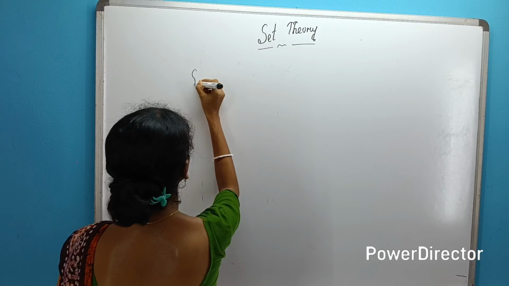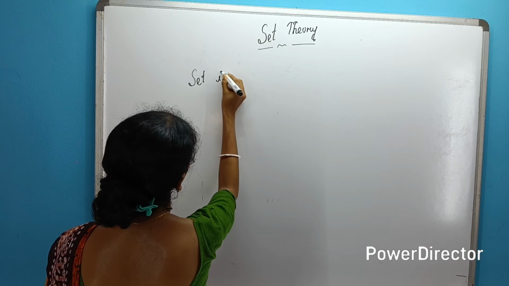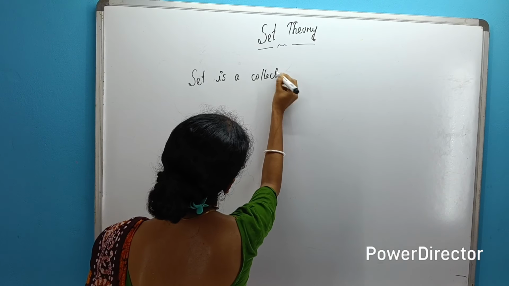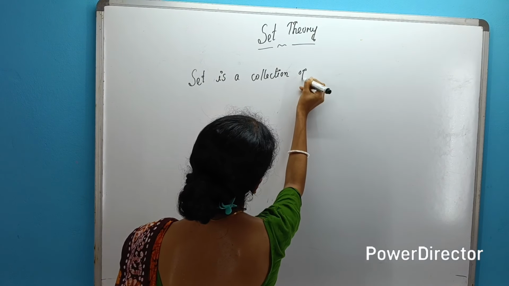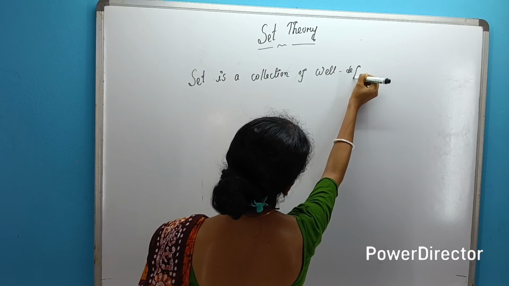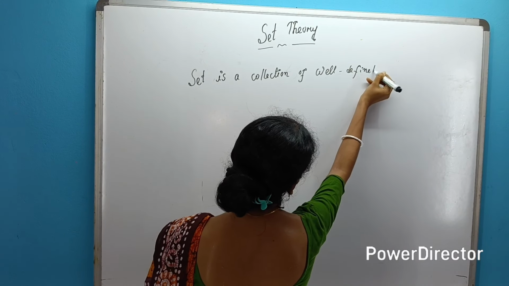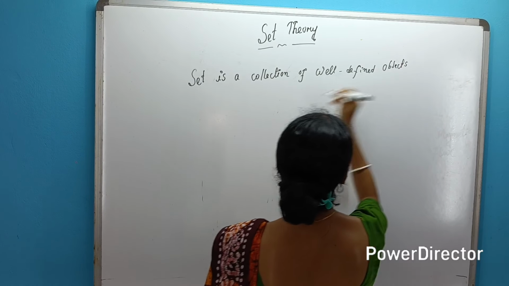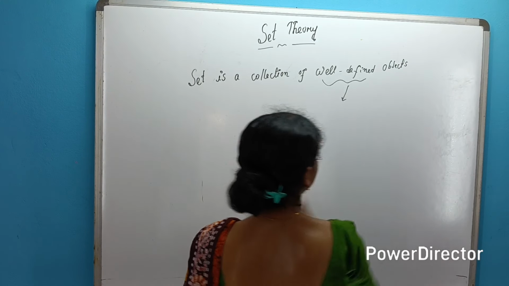So I am saying that set is a collection of well defined objects. So what do you mean by well defined?